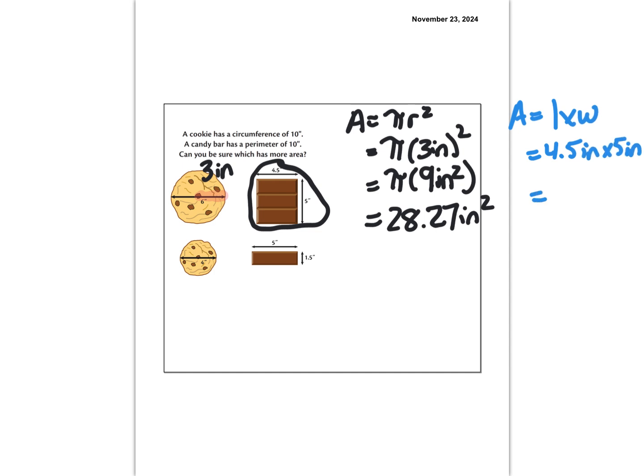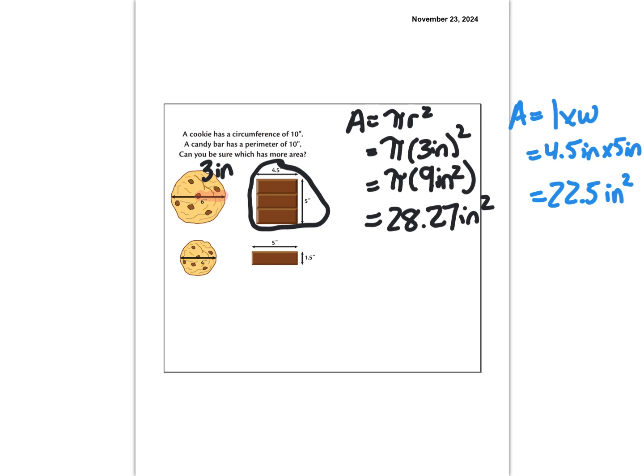When we break that down, we end up with 22.5 inches squared. So it's very clear that the circle, or the cookie with a 6-inch diameter, has actually got a larger value, and the one you'd rather eat.